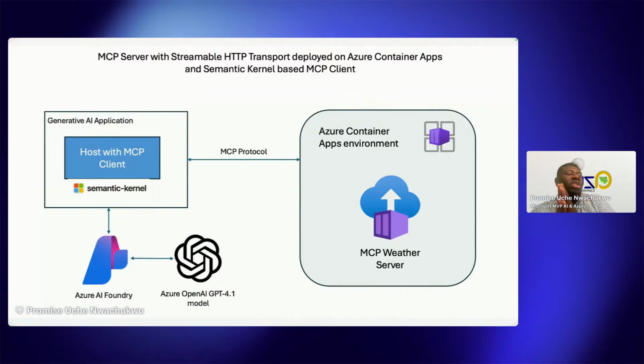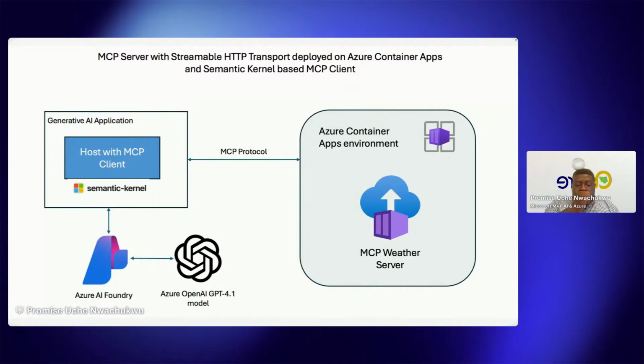So if you're trying to understand what I've just done, I've been able to extend the functionality of this AI application by allowing this AI application to have access to this MCP weather server. What I did is that I've given this application the ability to give me weather reports.